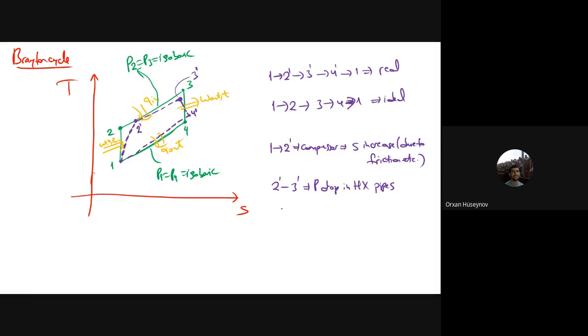And from 3 prime to 4 prime, you will have an entropy increase. This is the turbine. You will have again an entropy increase, due to friction, etc. Friction is not the only thing, but it is one of the main ones. And from 4 prime to 1, you will have a pressure increase in the exchanger. Okay, you will have this process.